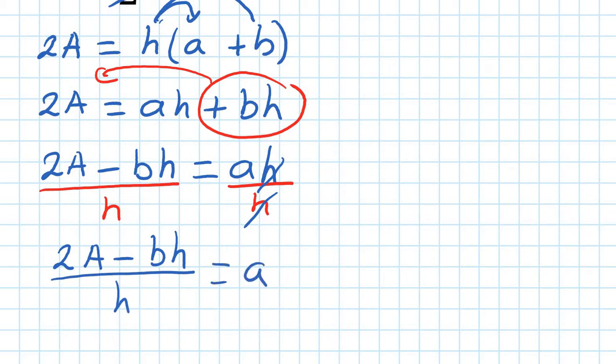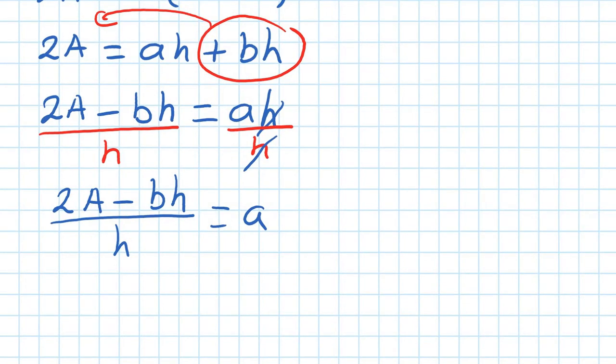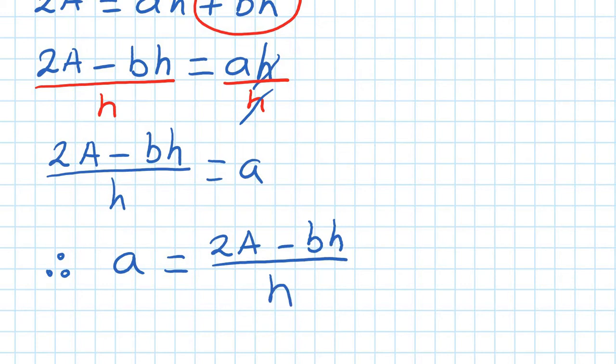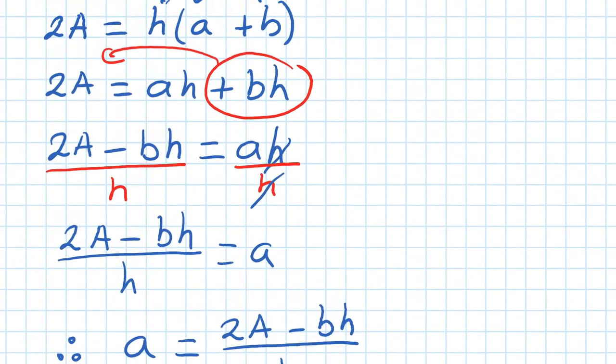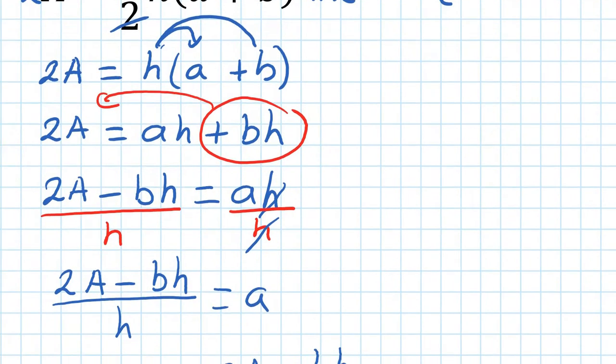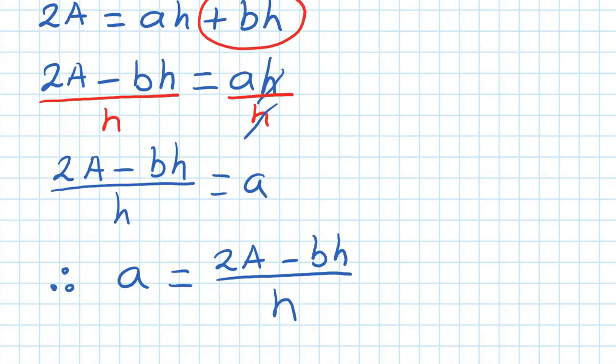Therefore a is equal to 2a minus bh all over h. That's how it works. It's from the equation, and then you make a the subject, and follow this process, and this is your answer.